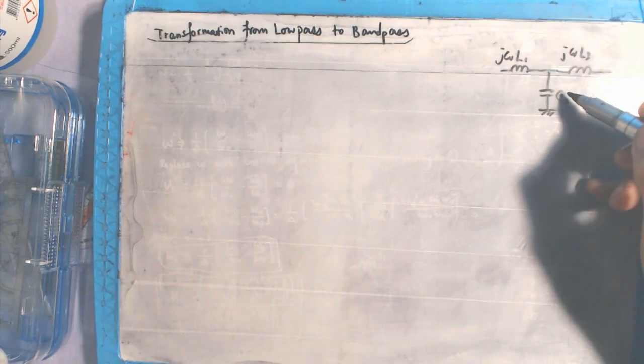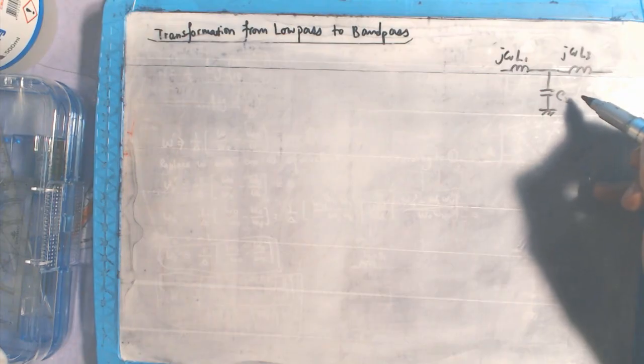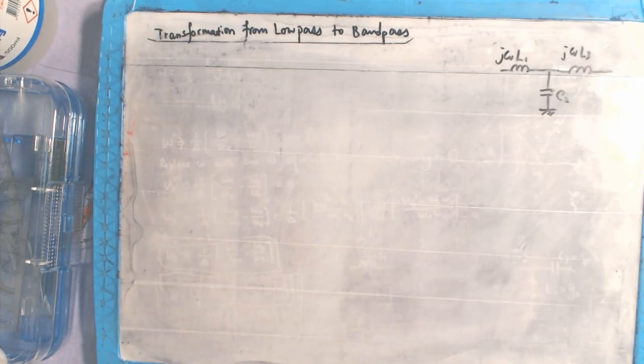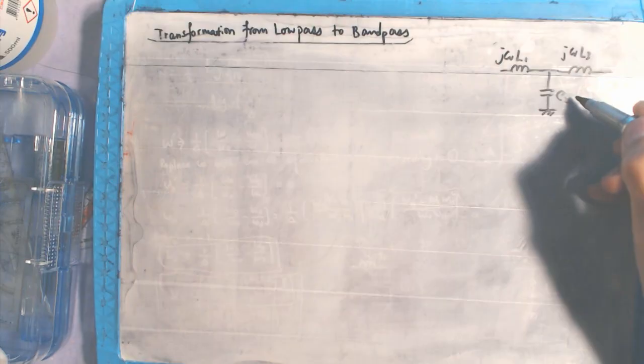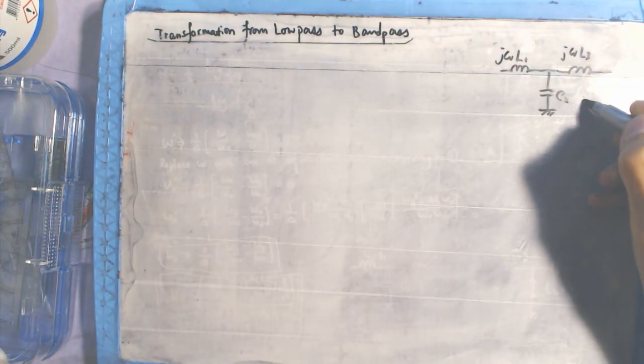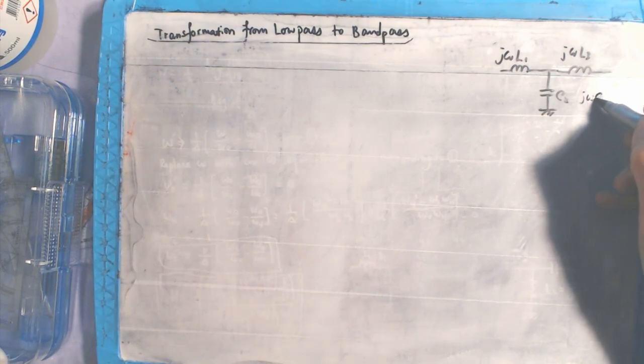So in terms of admittance, the shunt susceptance will be j omega C2.